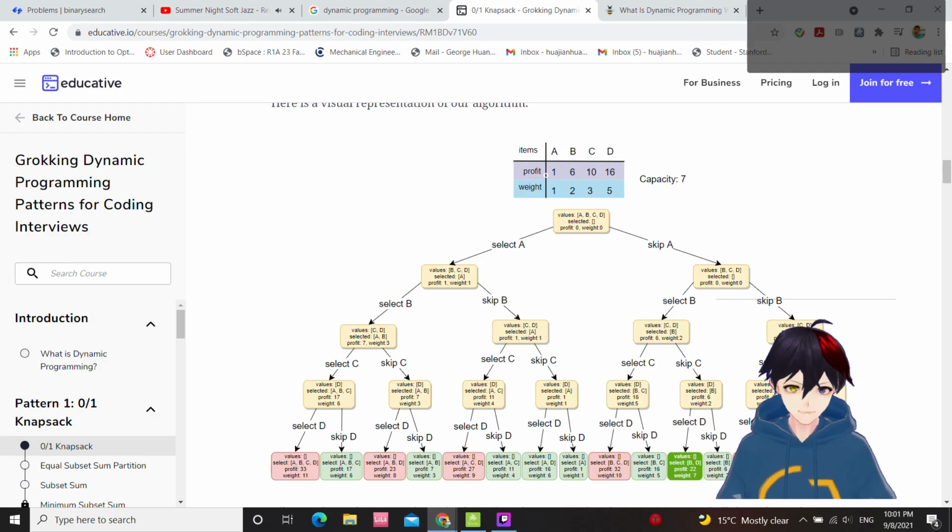Wait, for each one you either select it or not. Then you run out of selection choices.